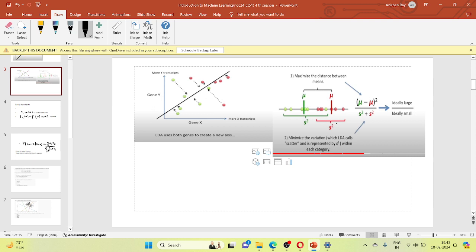So this is called the Fisher information result, and we are trying to maximize it. That is what will make it better separable.